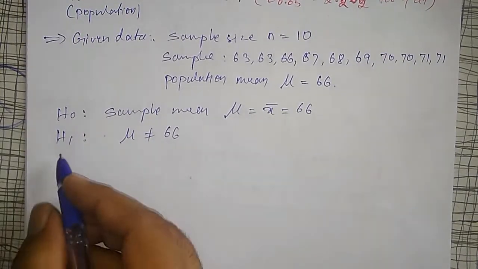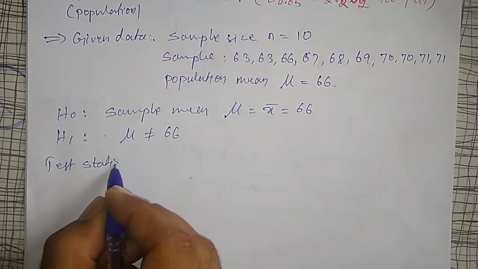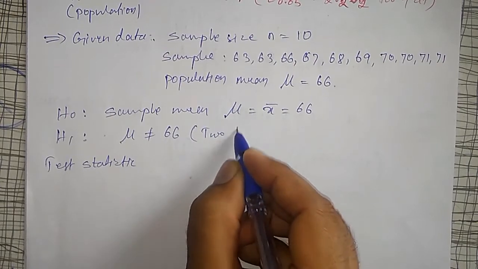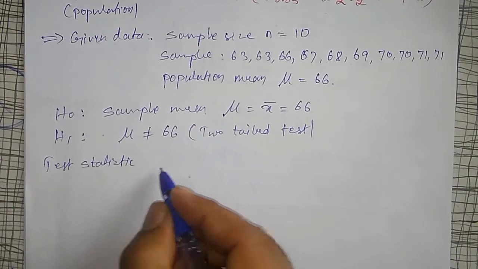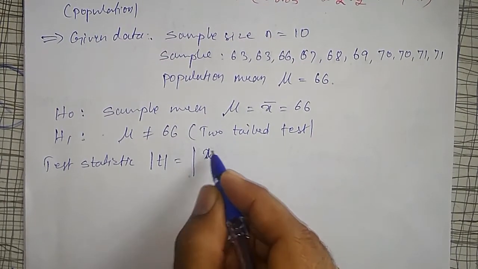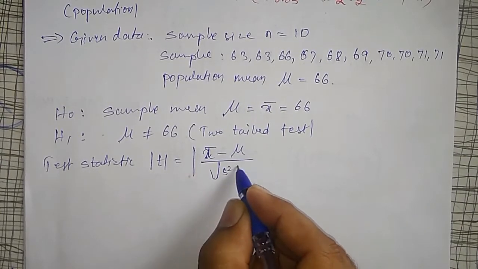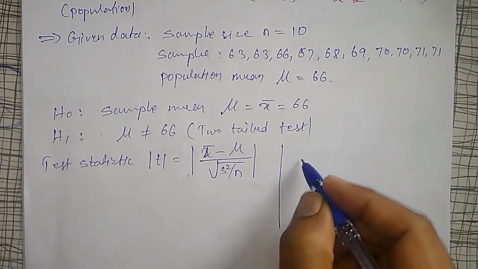Then the test statistic. And here you can observe it is a two-tailed test. Modulus of t is equal to x bar minus mu divided by square root of s square divided by n.